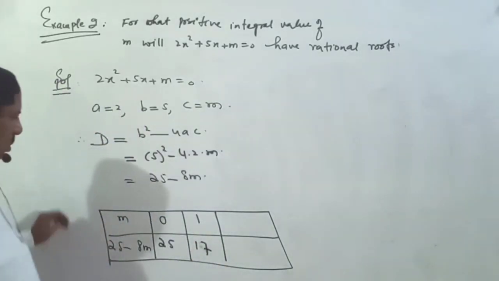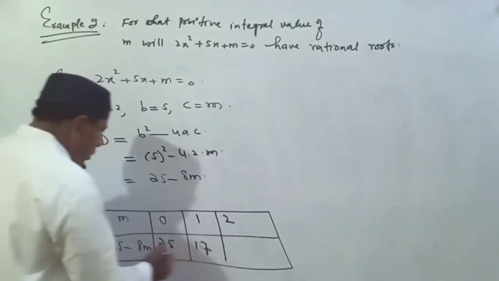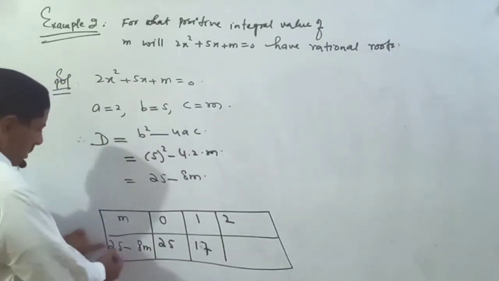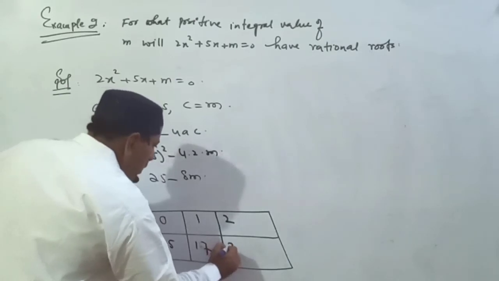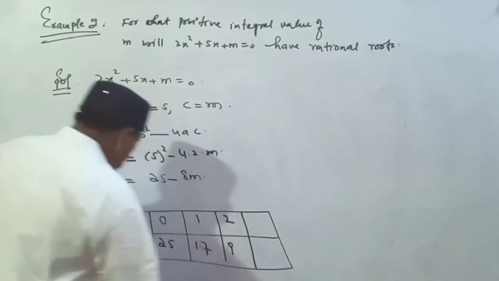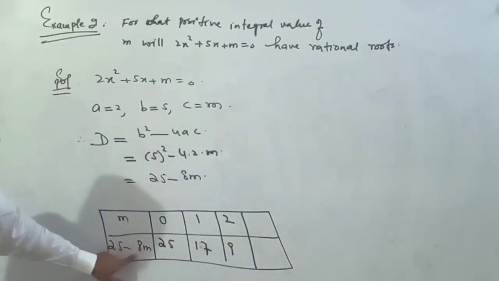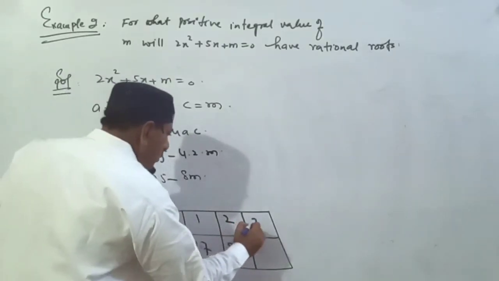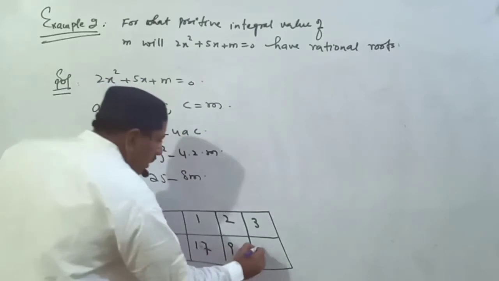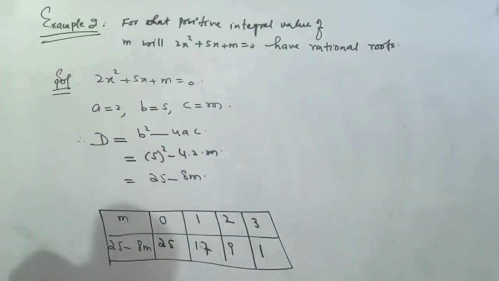If m is equal to 2, 8 into 2 is 16, 25 minus 16, 9. If m is equal to 3, 8 into 3 is 24, 25 minus 24, 1.